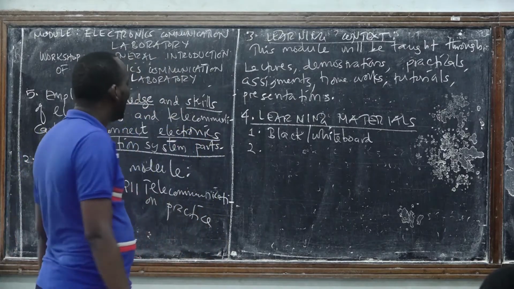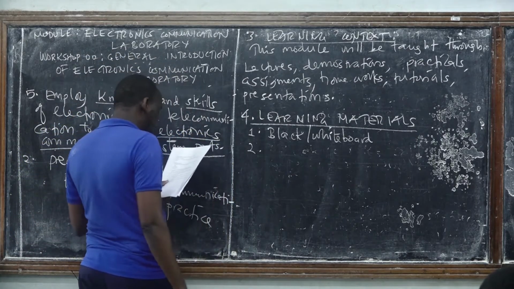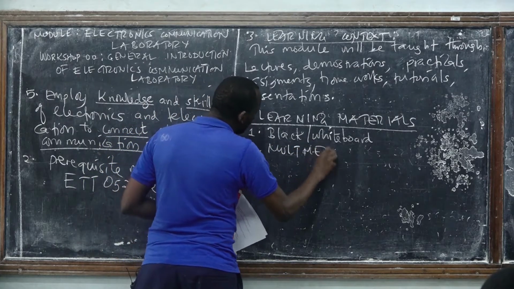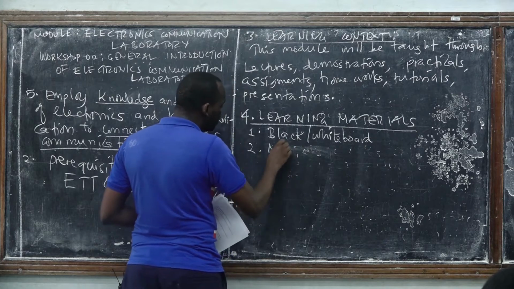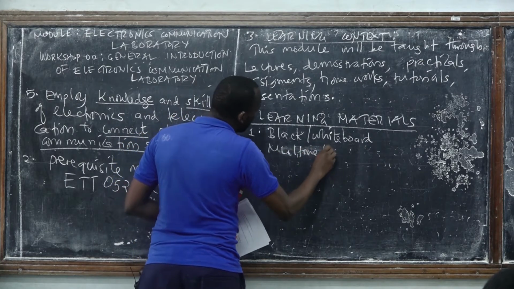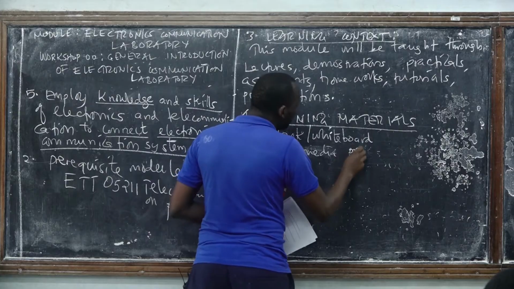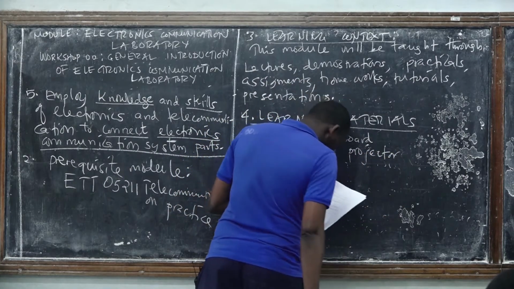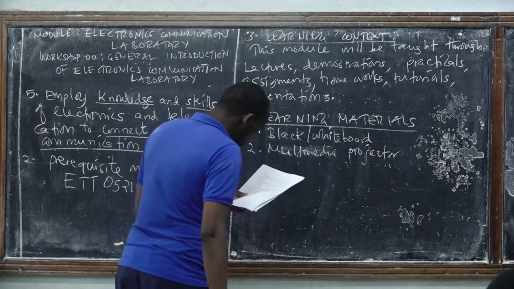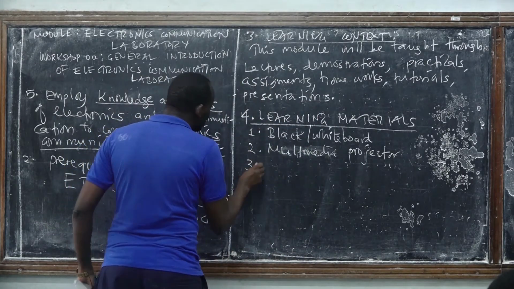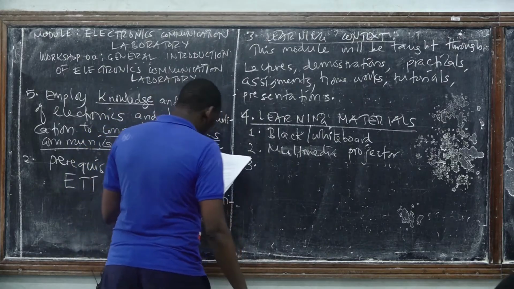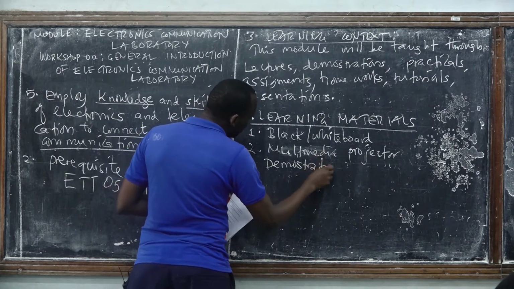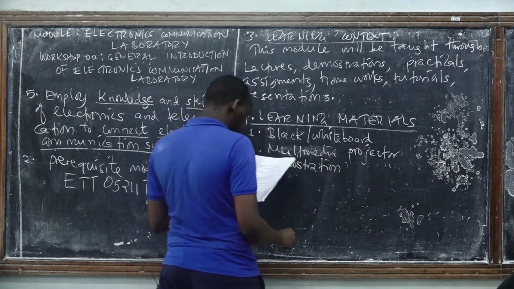Okay. The second learning material is a multimedia projector. We'll be using the multimedia projector in simulation and in practicals. Then the third learning material we call demonstration kits.